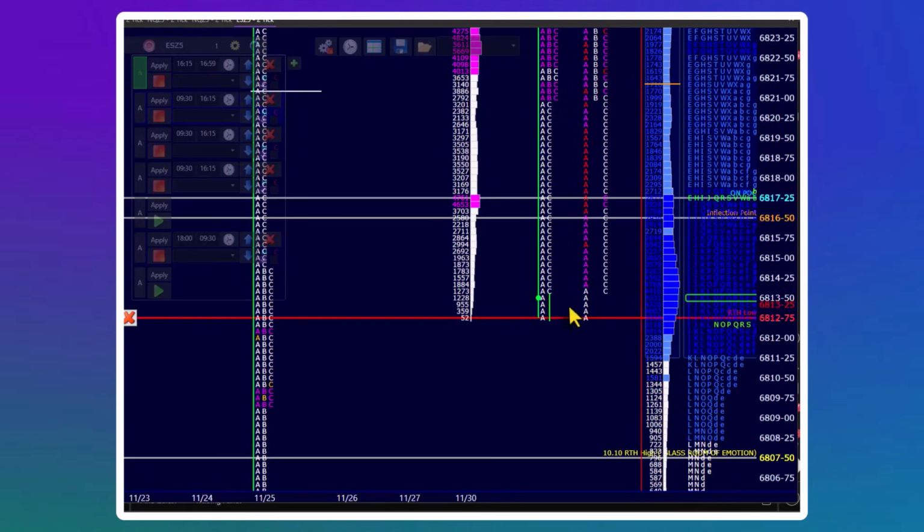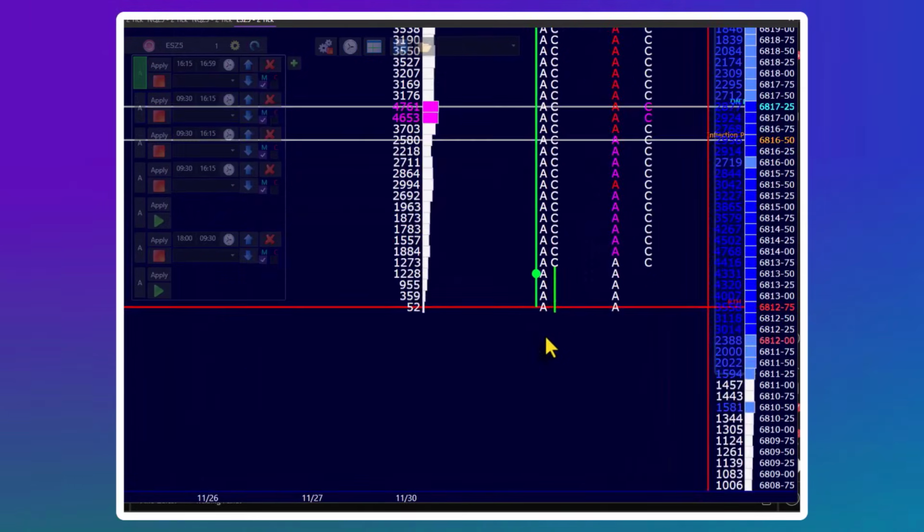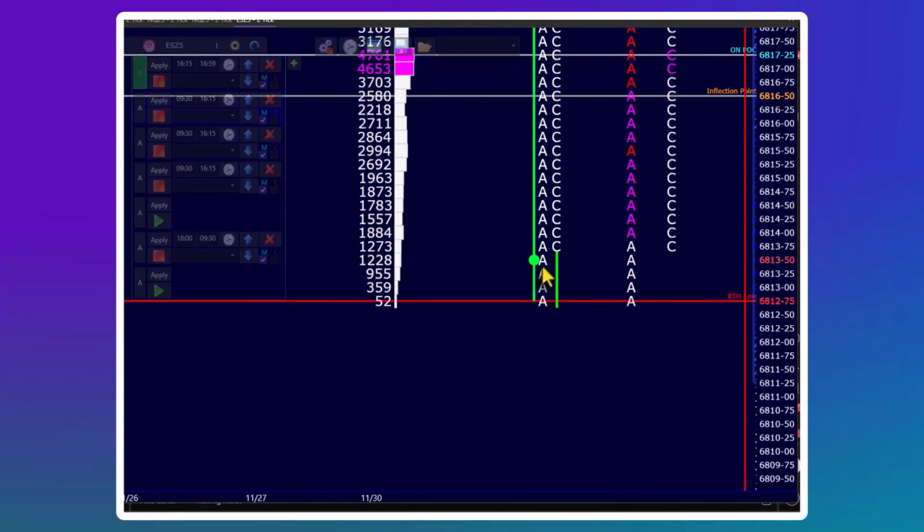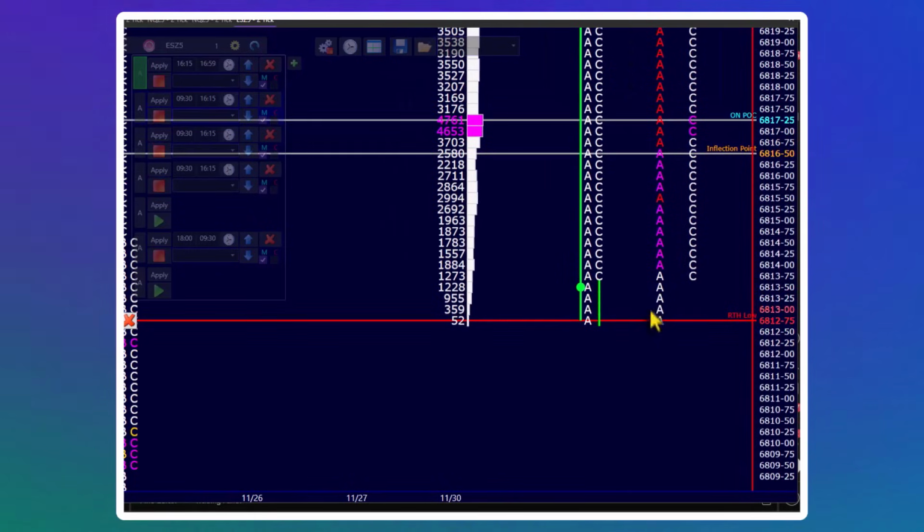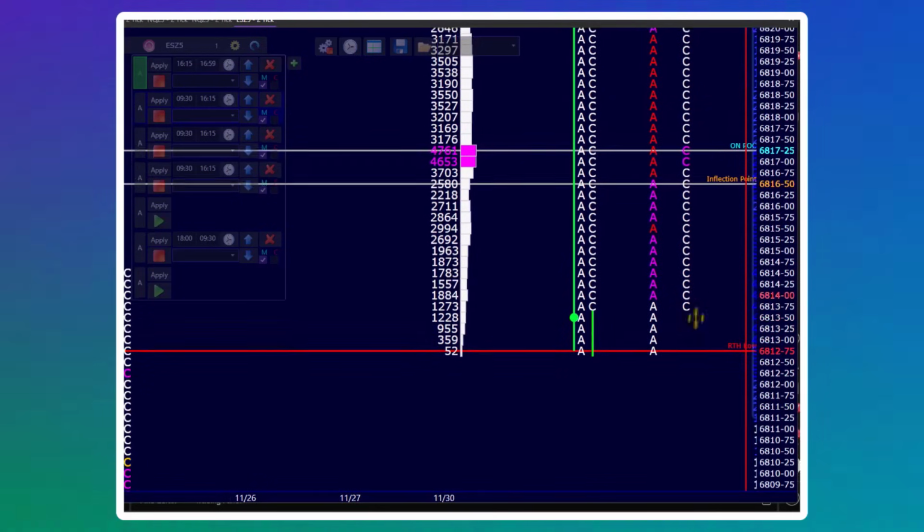We didn't really get much activity. We only got about 3 ticks of activity from losing that open. This is in single tick increments.